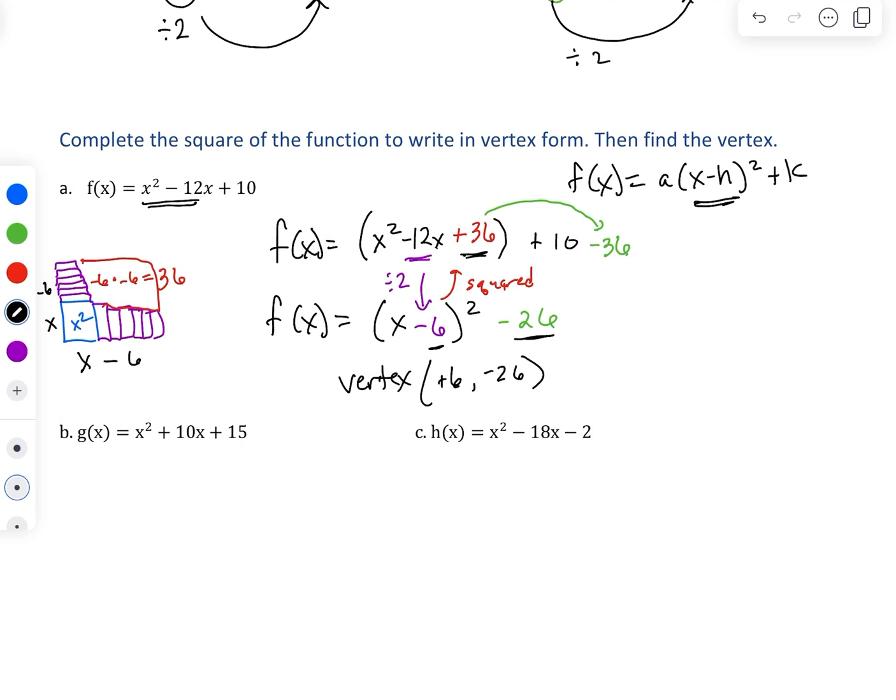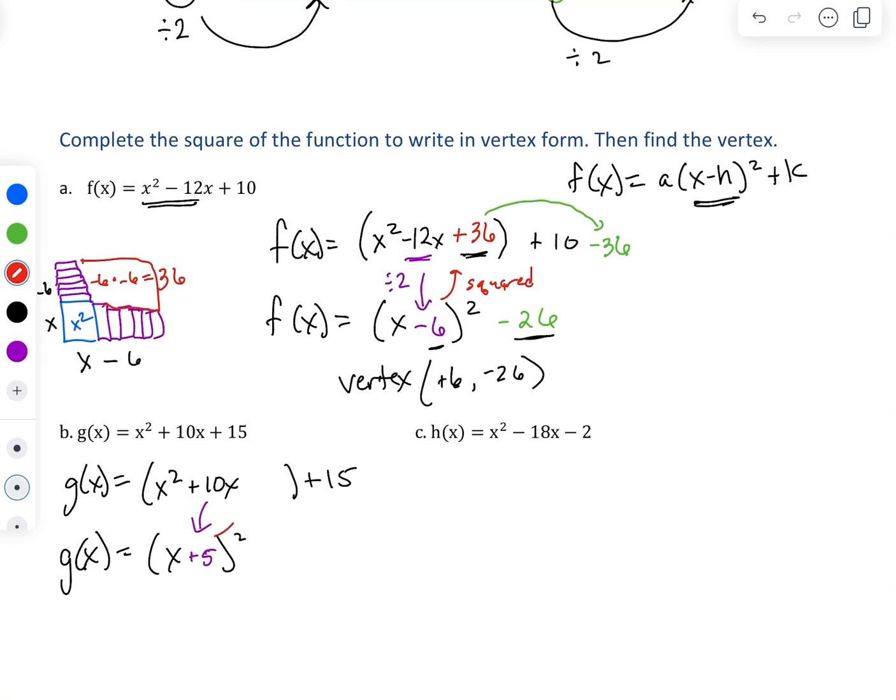So let me walk through these other ones, and you should be able to try to do these on your own as well. So for this one, I'm going to set up my structures. So I'm going to put this x squared plus 10x in parentheses. I'm going to push the 15 to the side. And then I'm going to write this in that vertex form with just blanks. So then I take the 10 and I divide by 2.